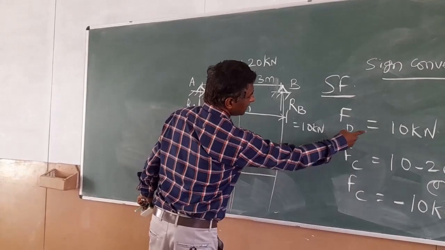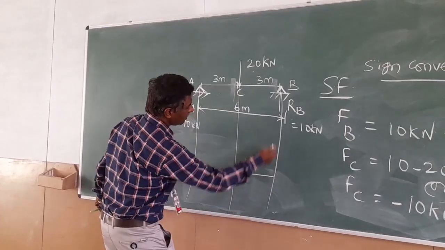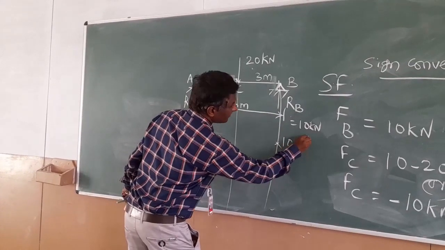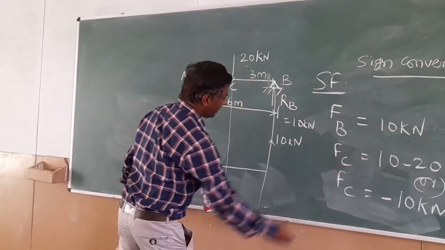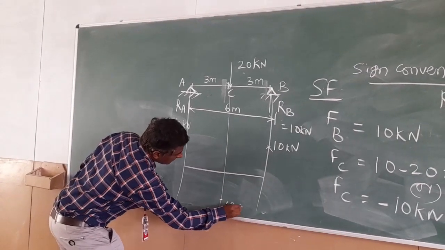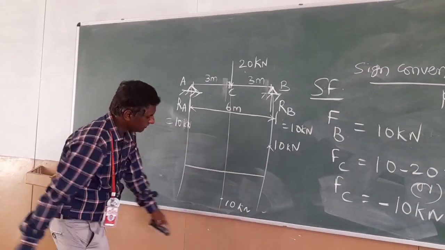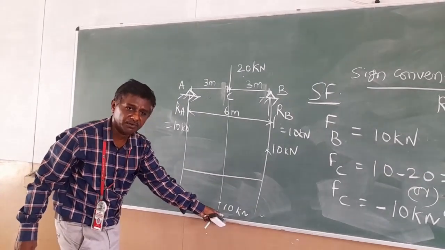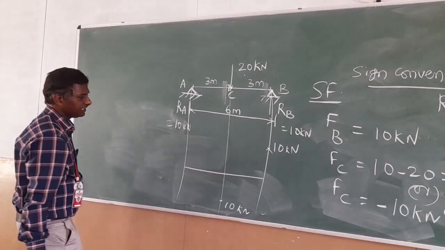The shear force at B is equal to 10. Upward is positive, so let's take 10 kilonewton, and at FC, that is minus 10. So here it comes down, but I am not writing minus because from the zero it goes below, so it is negative.